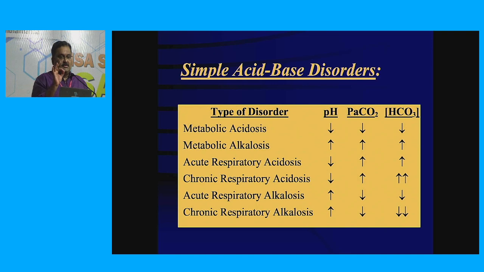In acidosis, the pH has decreased. If you look at the PaCO2 in metabolic acidosis, the bicarbonate has come down, so the compensation is also PaCO2 coming down. So if you look at this picture, what you can see is that the compensation changes in the same direction as the change in the primary variable. Okay.